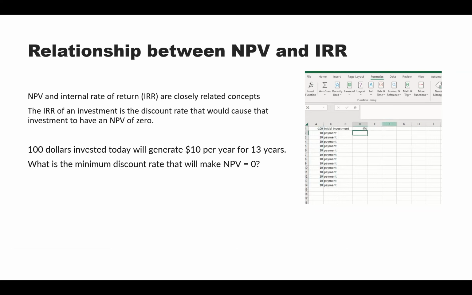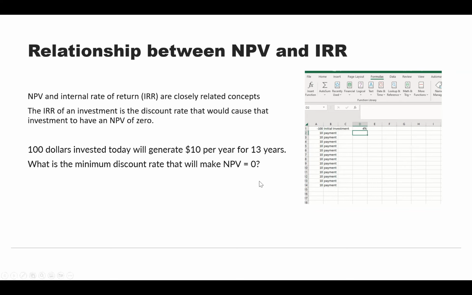It's actually pretty simple. And in this case, it's 4%. So that's the minimum discount rate for this investment; it needs to get over that bar to be acceptable.